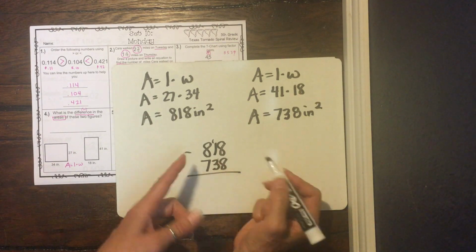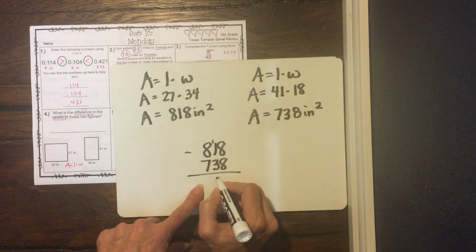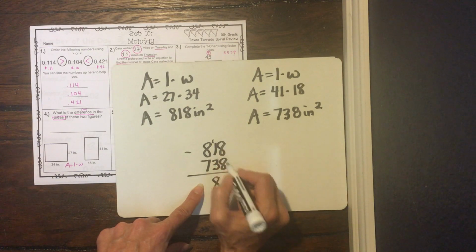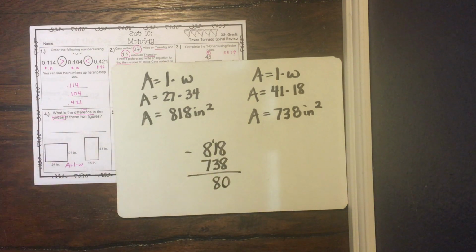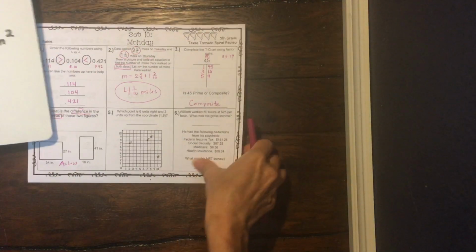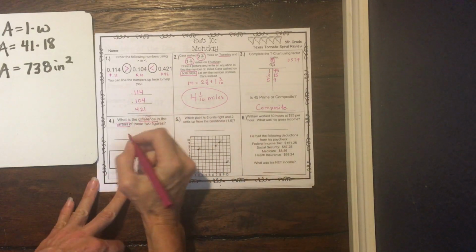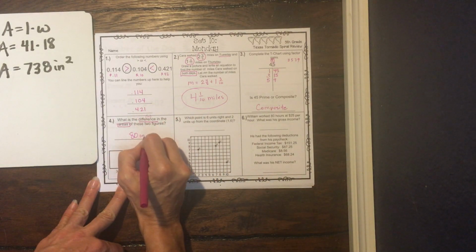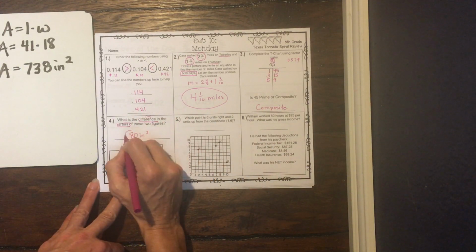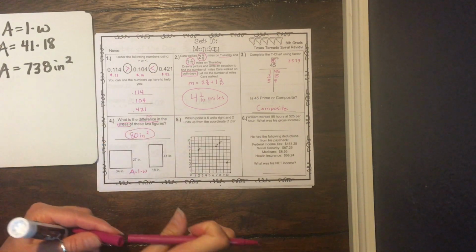Does our friend need help? No, because we have double numbers. So this is an 8, and then 8 minus 8 is 0. So the difference between these two areas for our answer is 80 inches. And don't forget it's squared because we are talking about area.